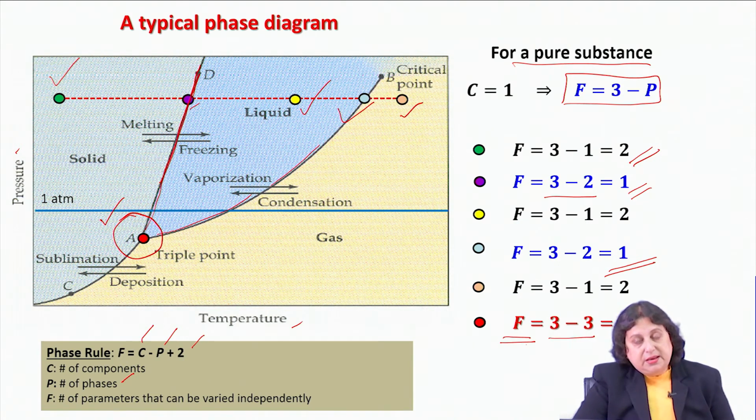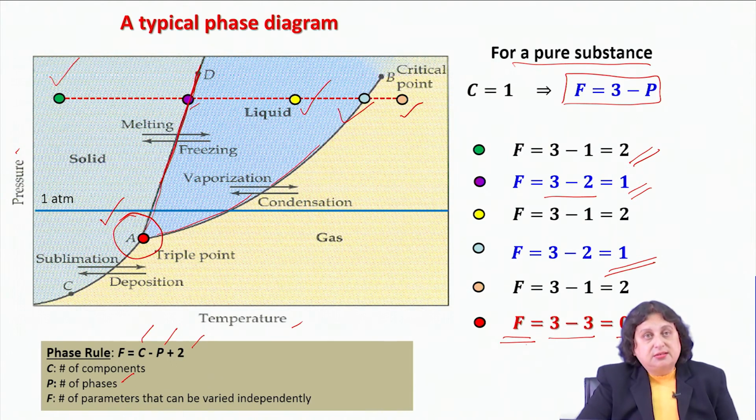Now, what does it mean? It means that here the temperature and the pressure values cannot be varied if you want to see all three phases in equilibrium, and therefore a triple point is a characteristic constant for every pure substance.